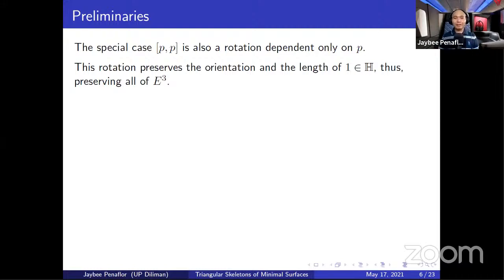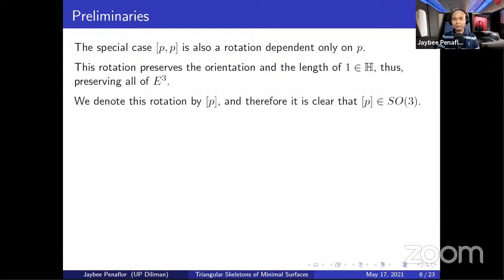And therefore, this particular rotation preserves all of E3, the three-dimensional subset that we talked about earlier. It preserves the length, therefore it's isometric. It also preserves the orientation. Therefore, this rotation square bracket P comma P, which we will be denoting by square bracket P, is in itself a special type of rotation. It's in fact a rotation that is an element of SO3.